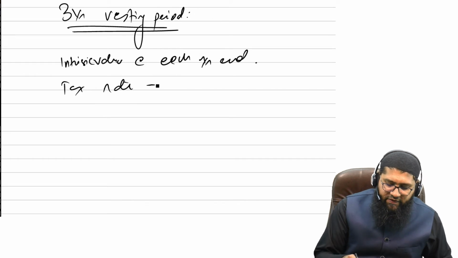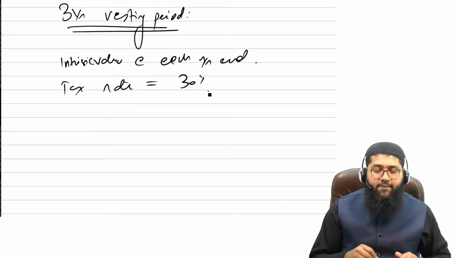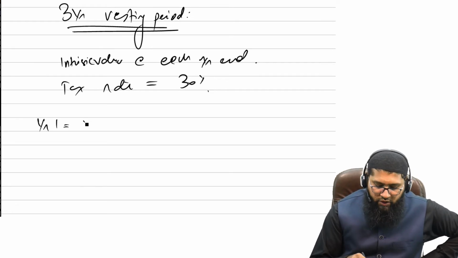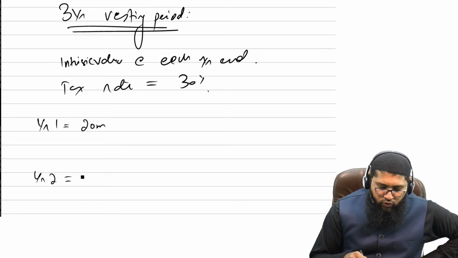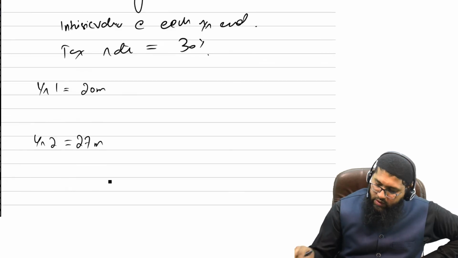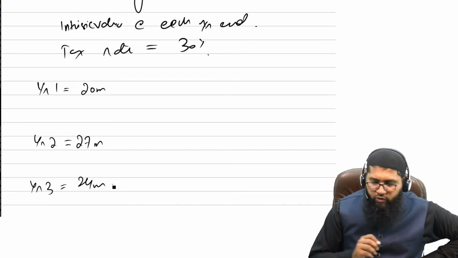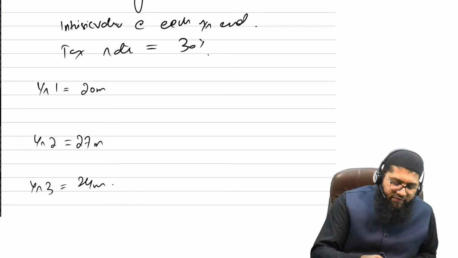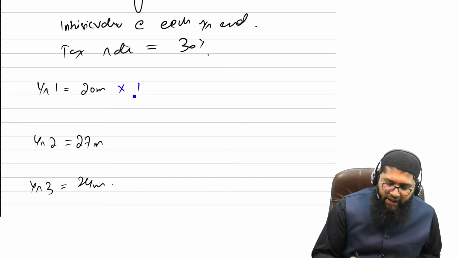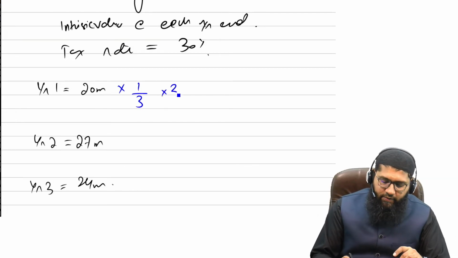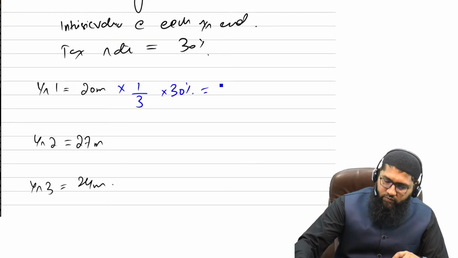Let's say the tax rate we have is 30%. If at the end of year 1 the intrinsic value of the options was 20 million, at the end of year 2 it was 27 million, and in year 3 it turned out to be 24 million. Now you would say 20 million multiplied by 1 upon 3, because this is the first year of the 3-year vesting period, multiplied by 30%.